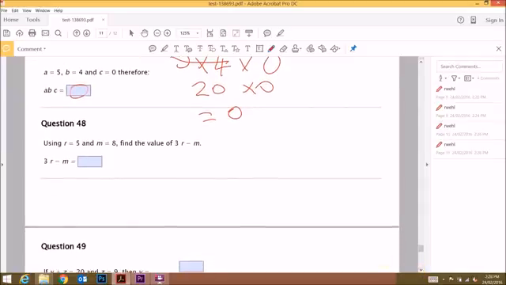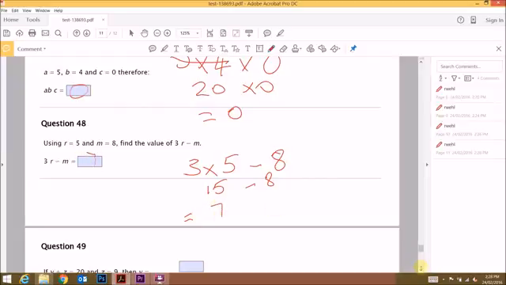48. Using R equals 5 and M equals 8, find the value of 3R minus M. So 3 times R, which is 5, take away 8. Okay, 3 5s are 15, minus the 8 equals 7.